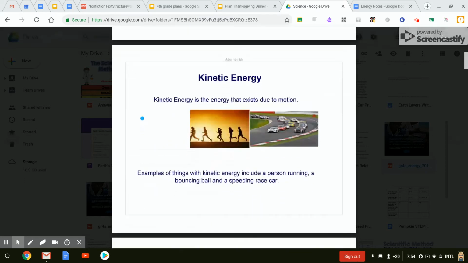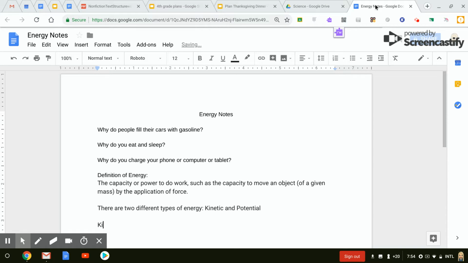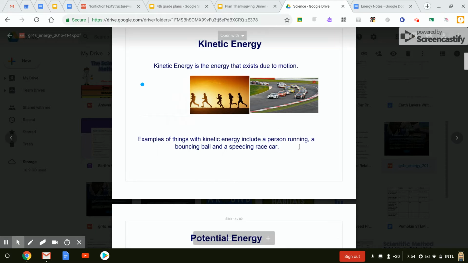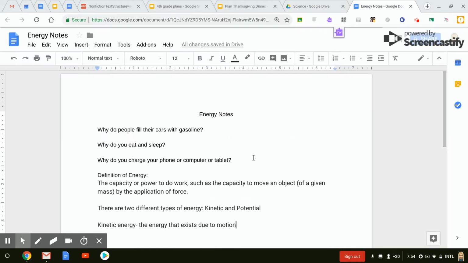Kinetic energy is the energy that exists due to motion. And examples of kinetic energy might include a person running, a bouncing ball, and a speeding race car.